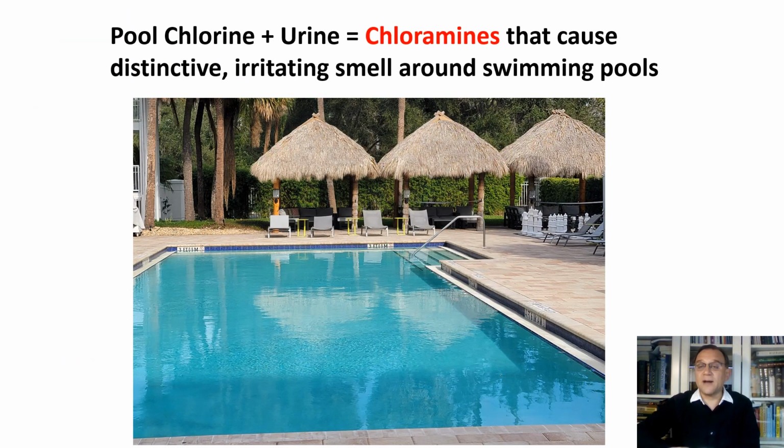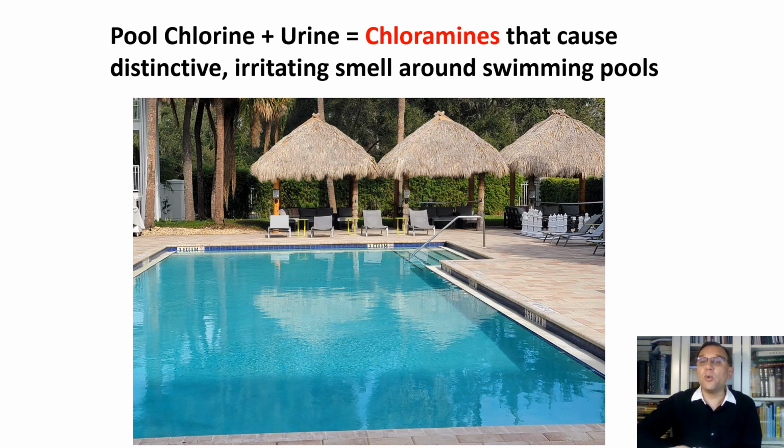One interesting fact about urine: perhaps you are all aware of the distinctive and even irritating smell around a swimming pool. Chlorinated water has no smell. It's true. Dump a bunch of pool chlorine into a bucket of clean water and take a big whiff. What actually causes the smell around swimming pools is not chlorine but volatile substances known as chloramines.